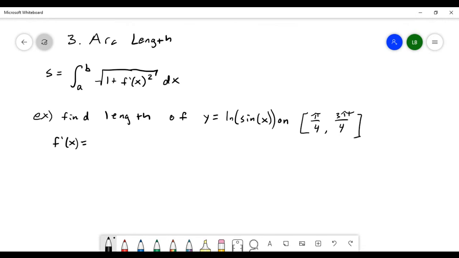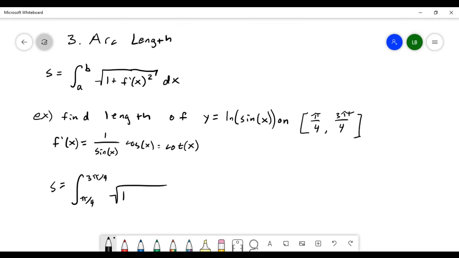That would be 1 over sine of x times cosine of x, which is cotangent of x. So then arc length would be the integral from pi over 4 to 3 pi over 4 of the square root of 1 plus cotangent squared of x.